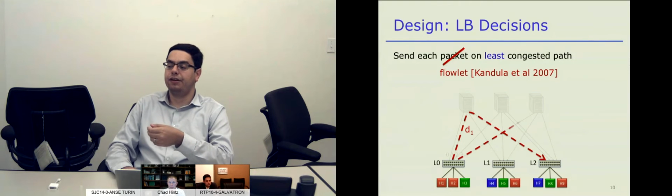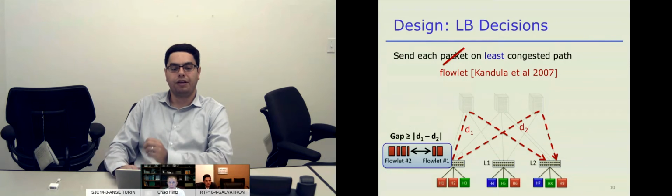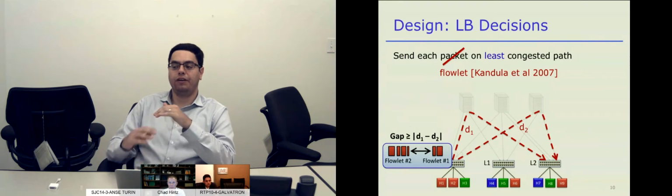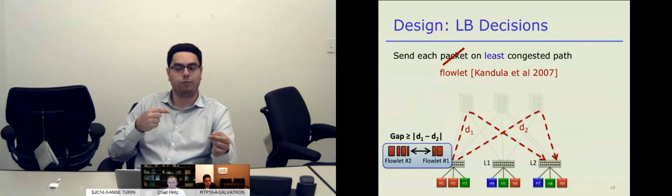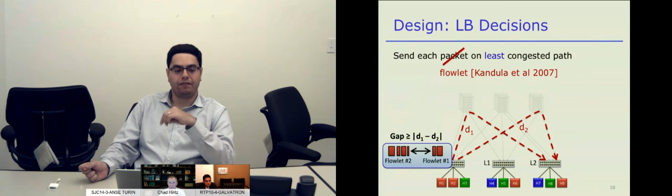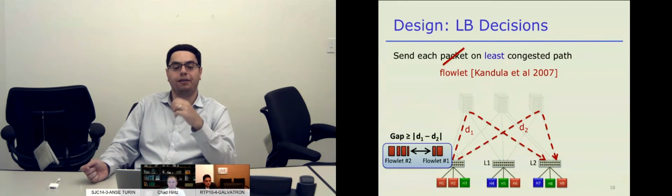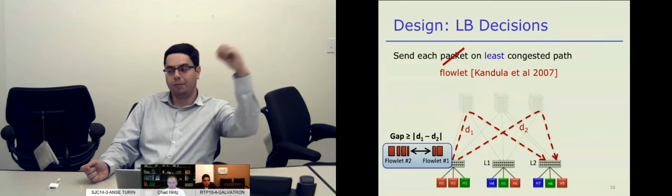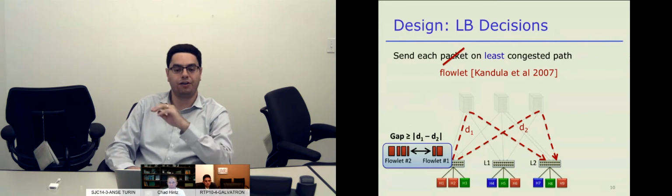So the basic idea is, let's say I have 2 paths and the latency of one is D1 and the latency of the other is D2. If within the same flow I see a gap that's larger than that delta in latency across the 2 paths, I can send the first burst on one path and the second burst on a different path, and I'm still guaranteed to not reorder packets, because by the time the second burst makes it to the destination, the first burst must have gotten through on its own path. So that's the flowlet idea, and we leverage flowlets in our design.